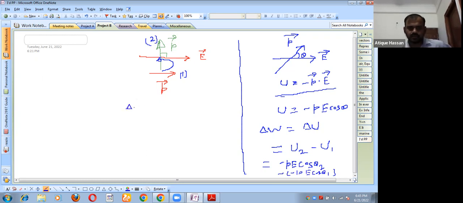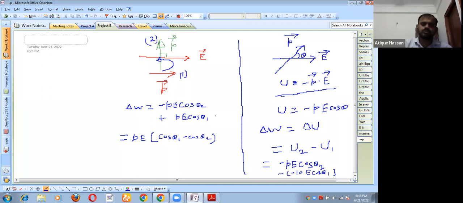So delta W will be equal to minus PE cos theta 2 minus minus, it will be plus PE cos theta 1. Have you got till now? Now you can take PE common, so it will be PE into cos theta 1 minus cos theta 2.